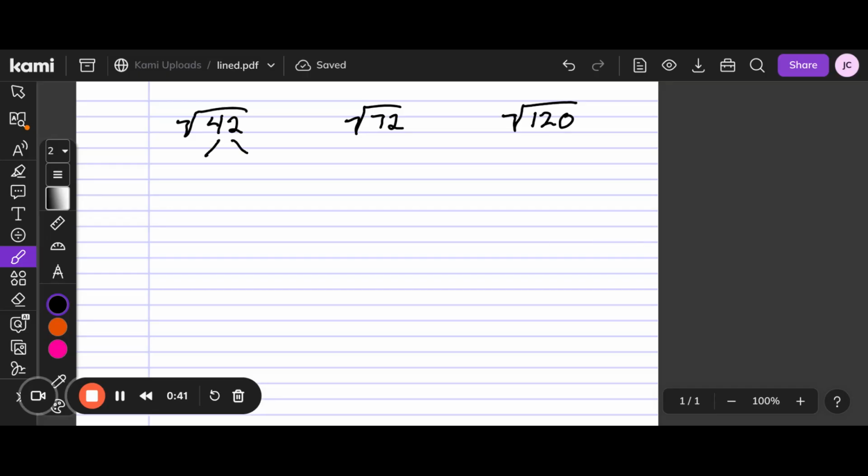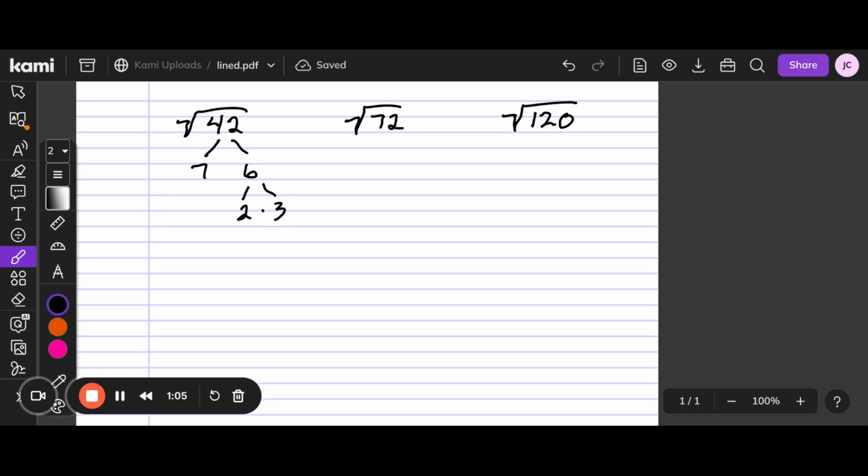So remember, you will be factoring this all the way down to prime factors. And 42, I'm going to say 7 times 6, and then here that's 2 times 3.